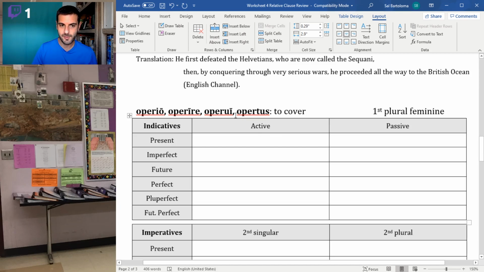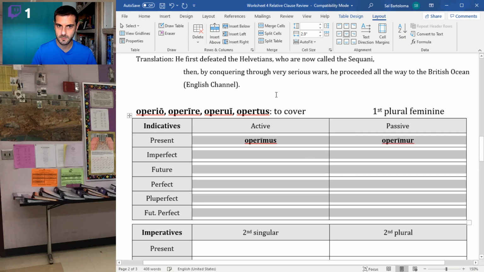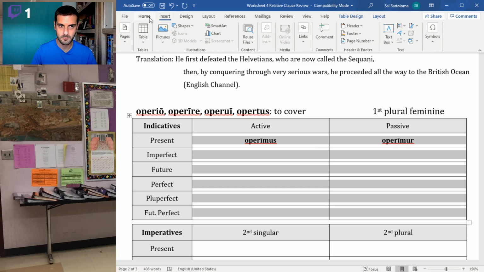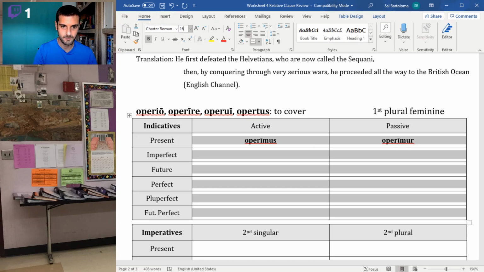First plural and feminine, we've got a fourth conjugation verb, operire. So we have operi. Oops, I never turned on my long marks. Okay. There it is. Operimus and operimor. Actually, I can make these a little bit bigger as well.